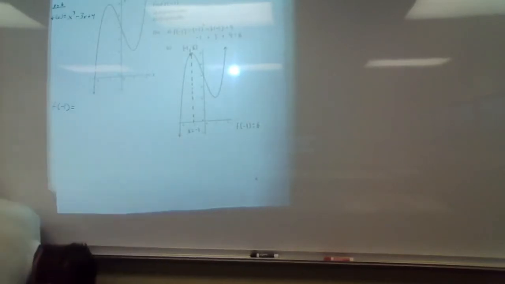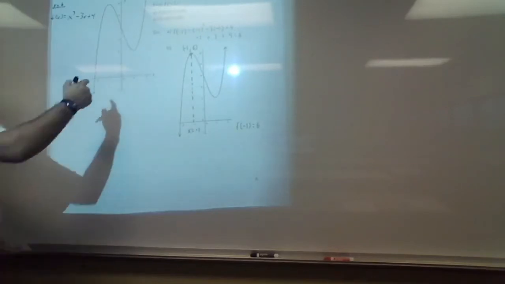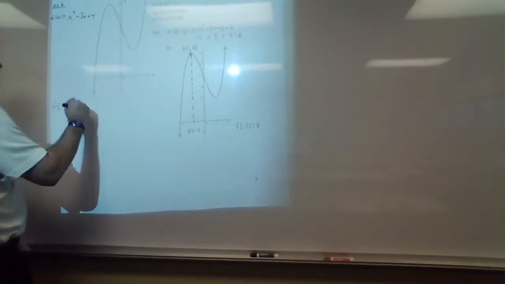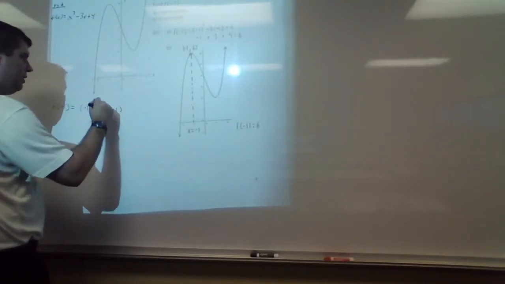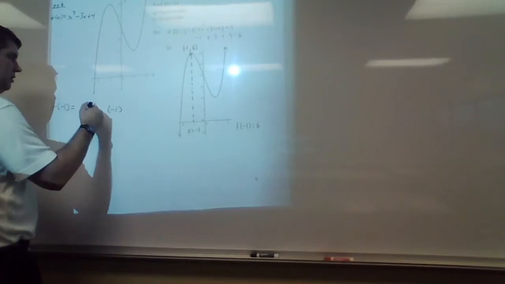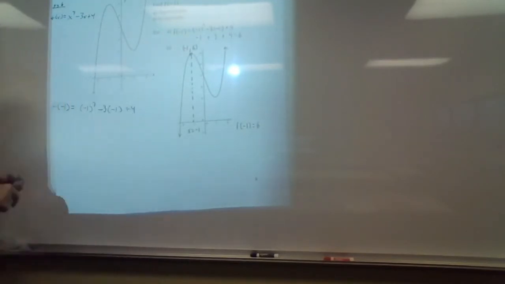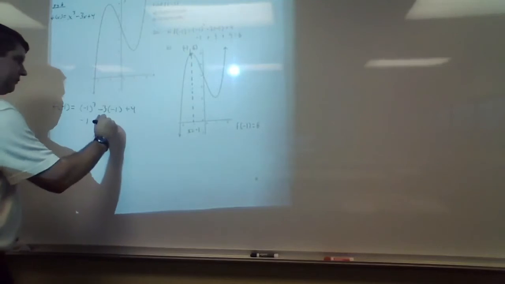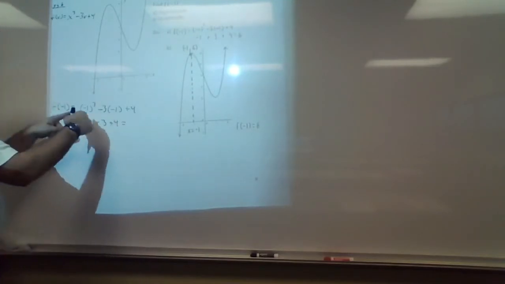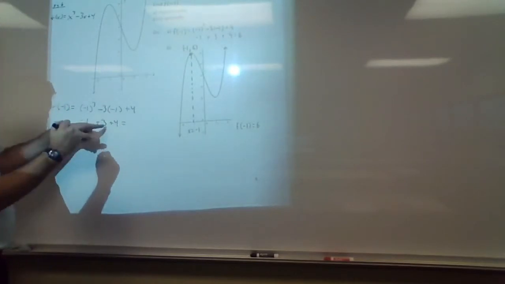If I was going to do it algebraically, that would be negative 1 cubed minus 3 times negative 1 plus 4. That's going to be negative 1. Negative 3 times negative 1 is positive 3, negative 1 plus 3 is 2, plus 4 is 6.